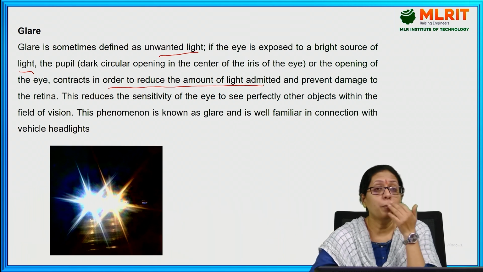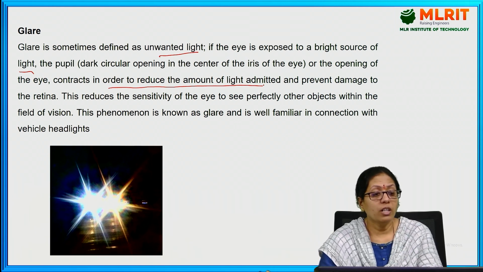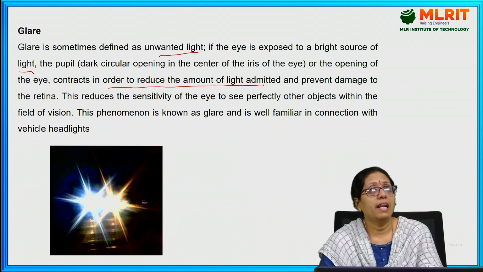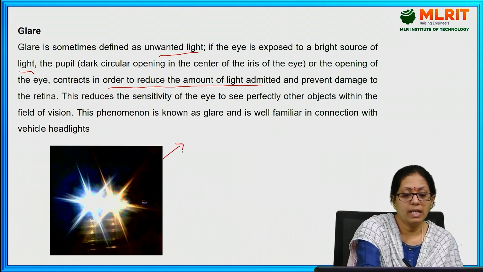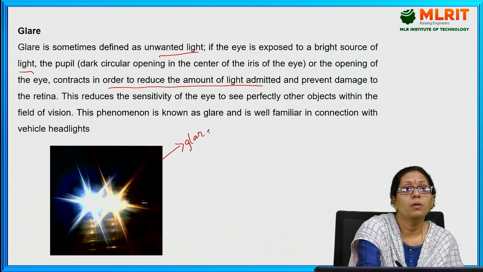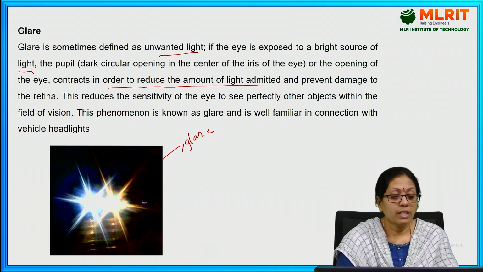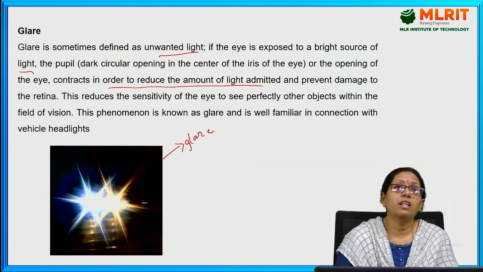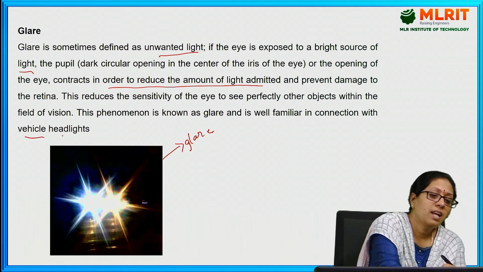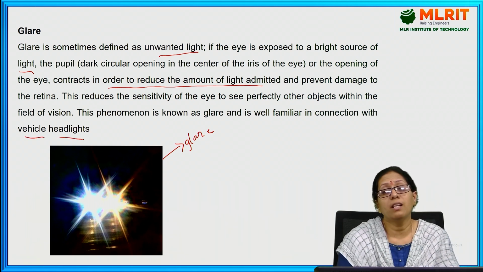In order to avoid this damage to the eye, we need to have a light or a bulb which has very little glare. This is called the glare phenomenon. You can see it here, where the object is not visible and it will damage our eyes. Mostly these are seen in vehicle headlights.